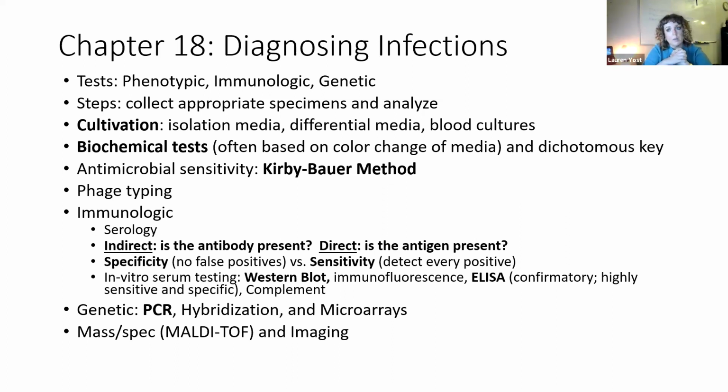Phage typing is using the concept that phages, bacteriophages, which are viruses that infect bacteria, only infect certain species of bacteria or even strains of bacteria, depending, but it's always very specific. So we'll take a phage that we know is associated with salmonella.